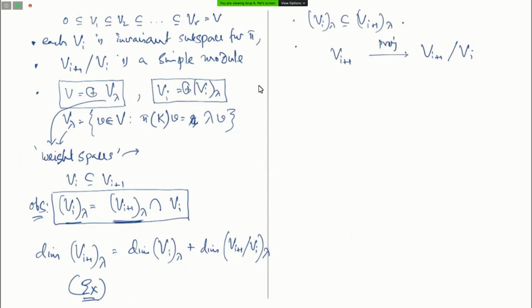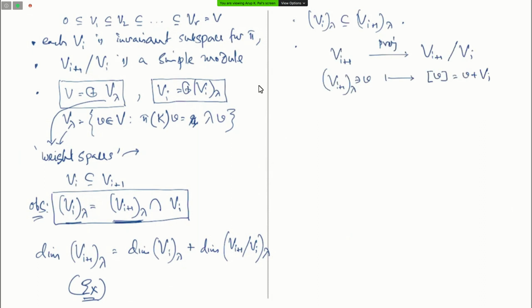If you take an element here, the projection map will of course take it to this.